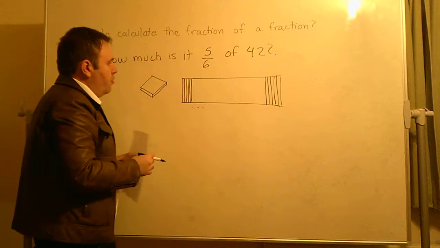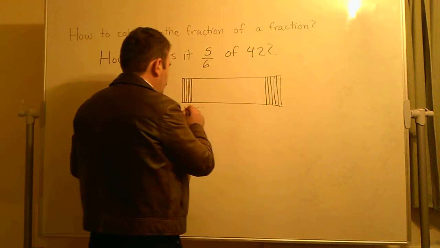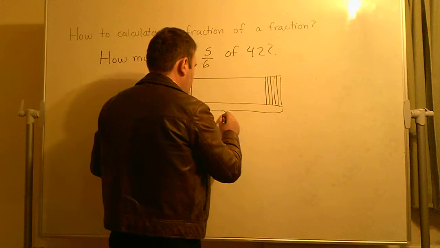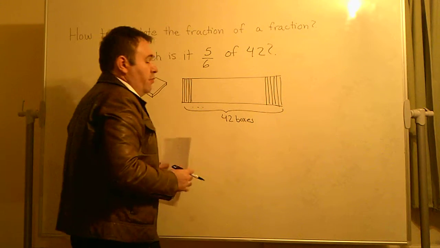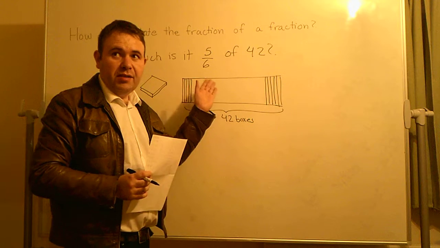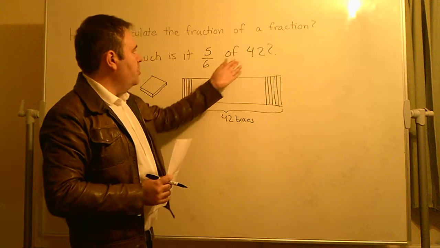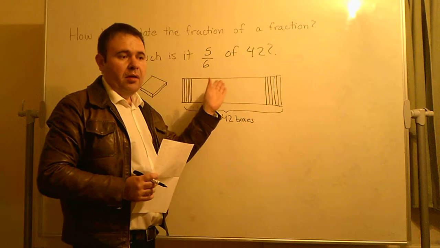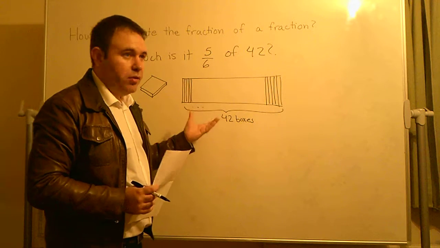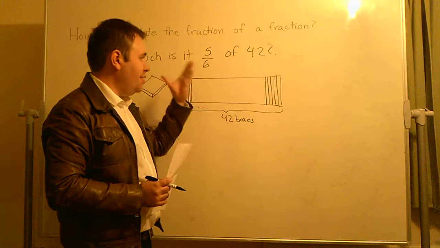So we would have 42 boxes, yeah? So if we want to find out what 5/6 is, we need to divide the 42 boxes into 6 equal sets. And each set is going to have 7 boxes, because 42 divided by 6 is 7.